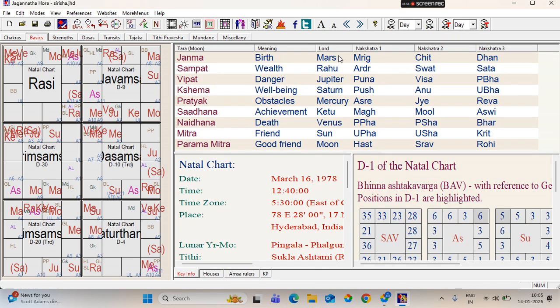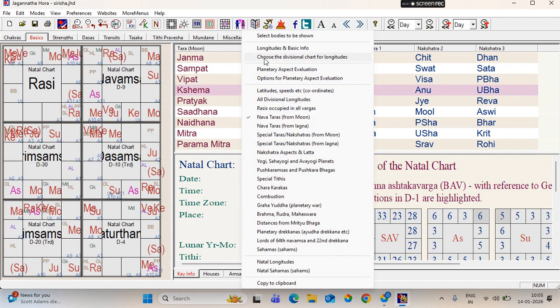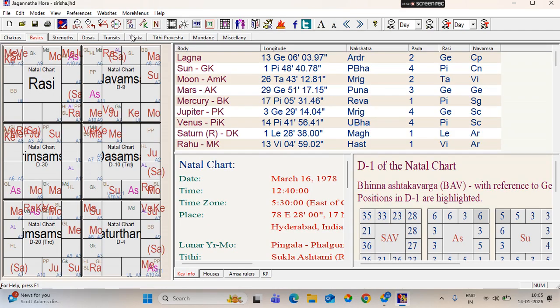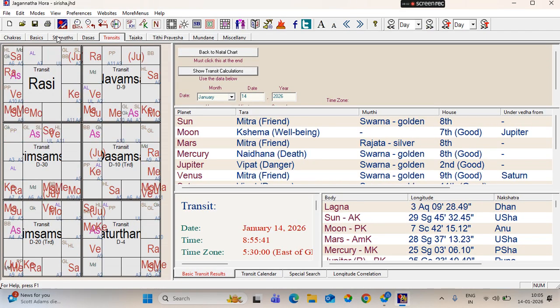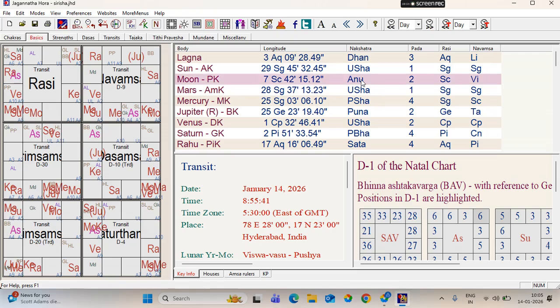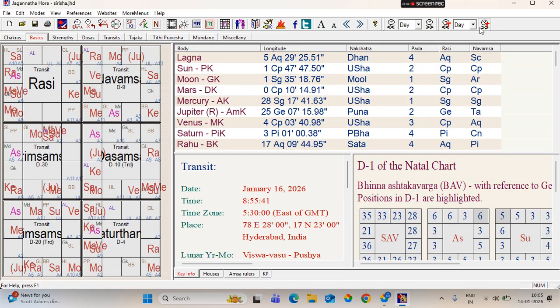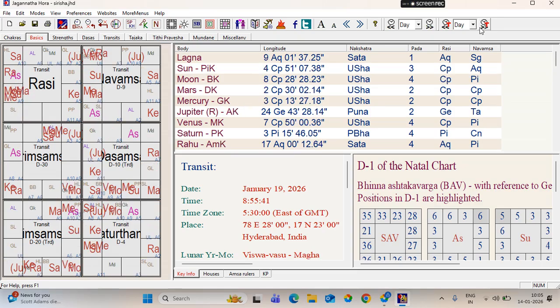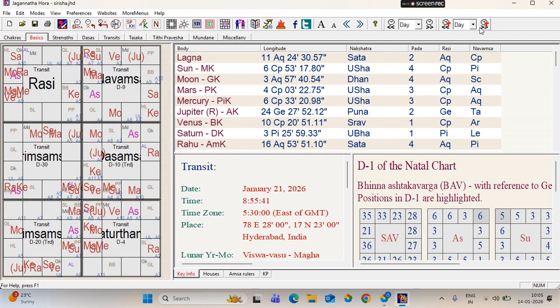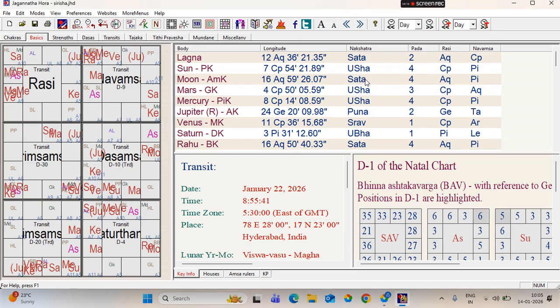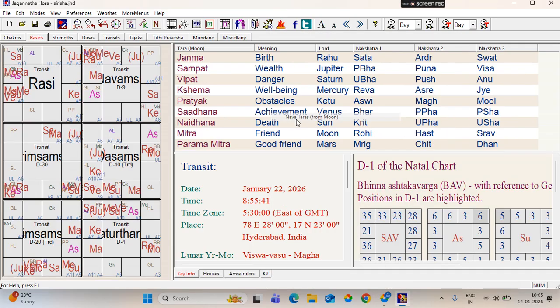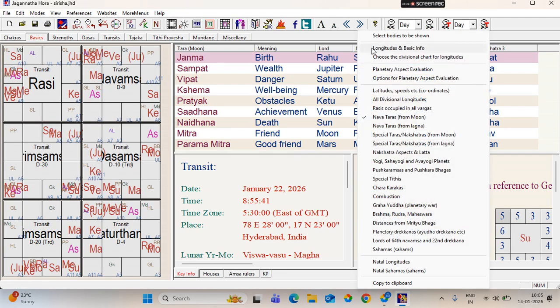Now if I take the transit, I need to see where the moon is transiting now. It is in Anuradha Nakshatra. So if I see the first transit like Ardra or Swati or Satabisha, who is the lord of Satabisha? It is Rahu.